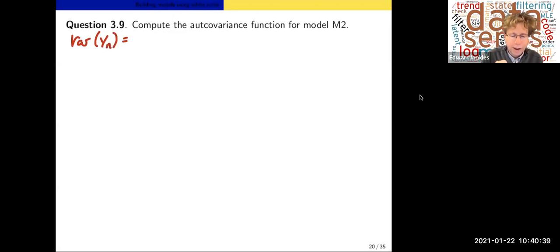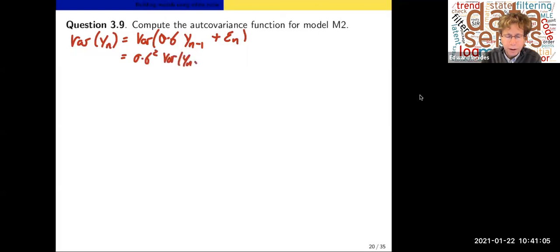Then I can write this as the variance of 0.6 y_{n-1} plus epsilon_n. That's the definition of y_n, and then this is 0.6 squared, the variance of y_{n-1}, plus 1.2 times the covariance of y_{n-1} with epsilon_n.